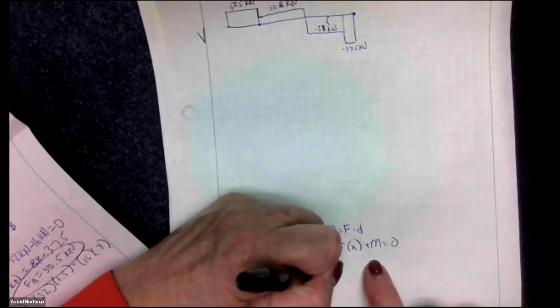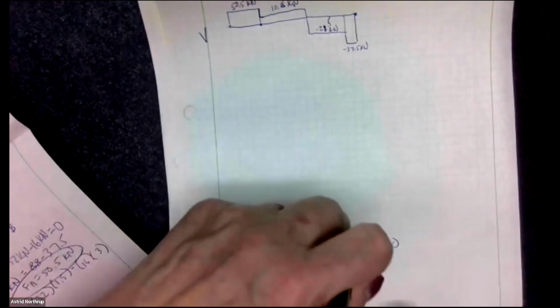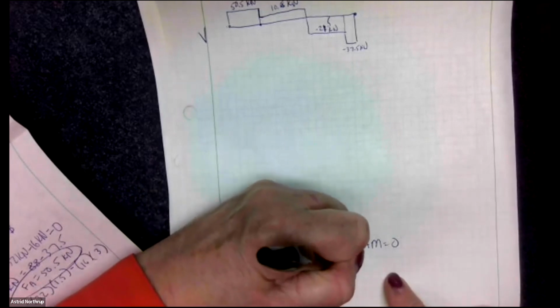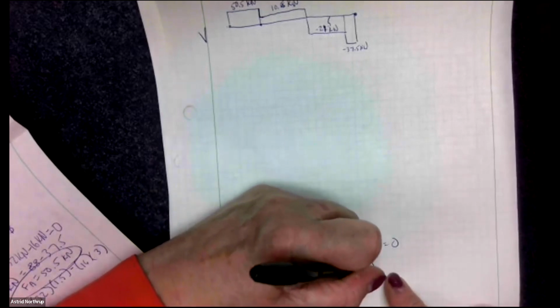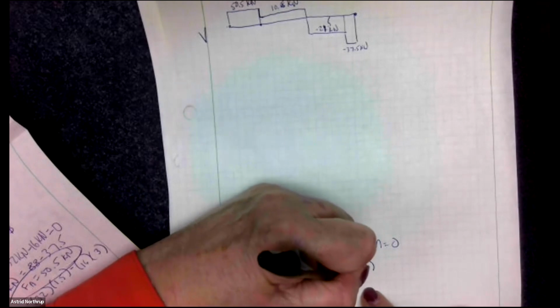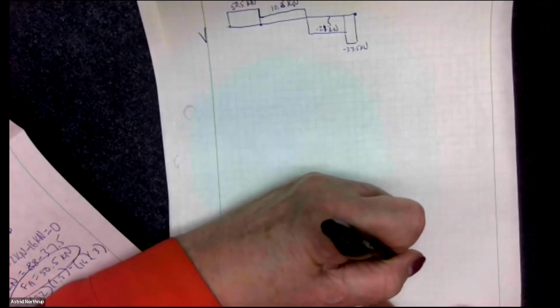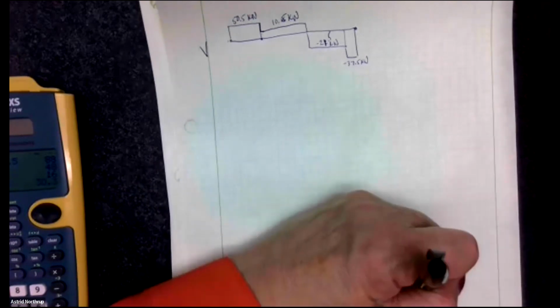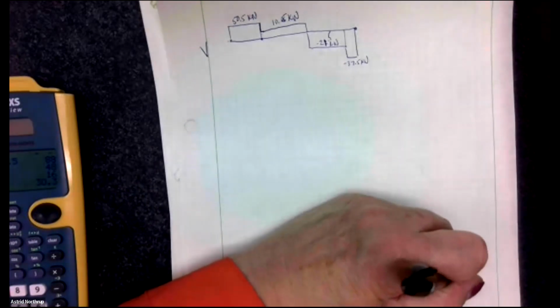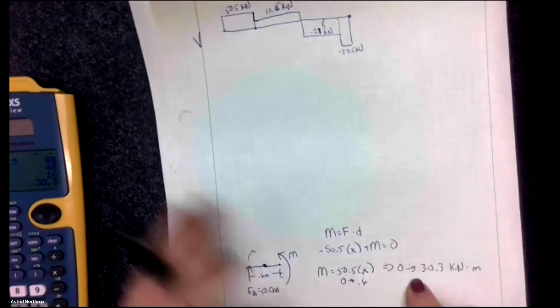So the moment from here to here is going to be 50.5 times x. But x is going to go from 0 to 0.6. So the moment is going to go from 0 up to 50.5 times 0.6, which is 30.3. And the units are going to be kilonewton meters, right?